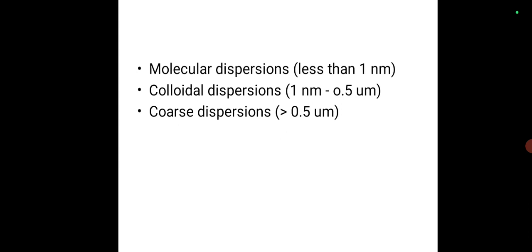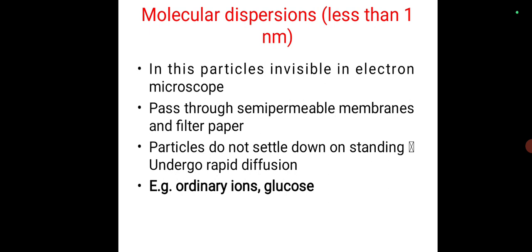Now we are going to discuss the molecular dispersion system. The molecular dispersion system consists of particles less than 1 nanometer in size, so the particles are invisible even in an electron microscope.